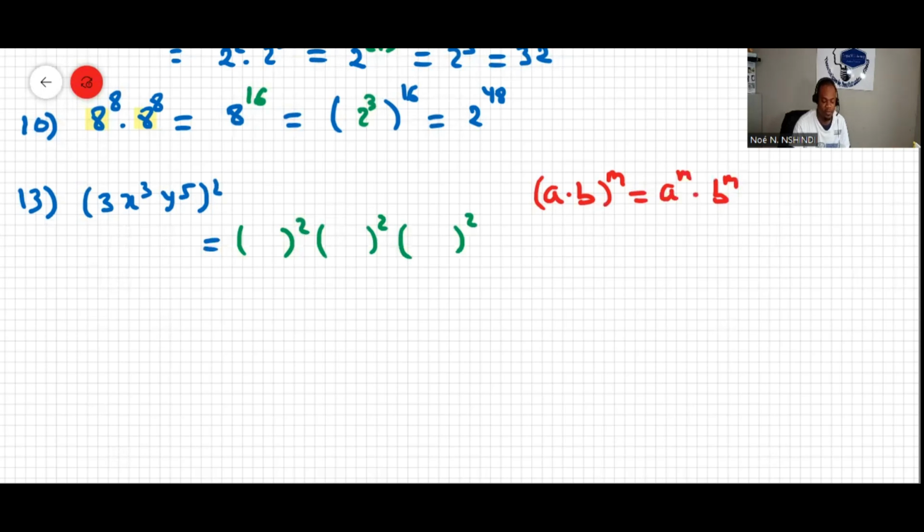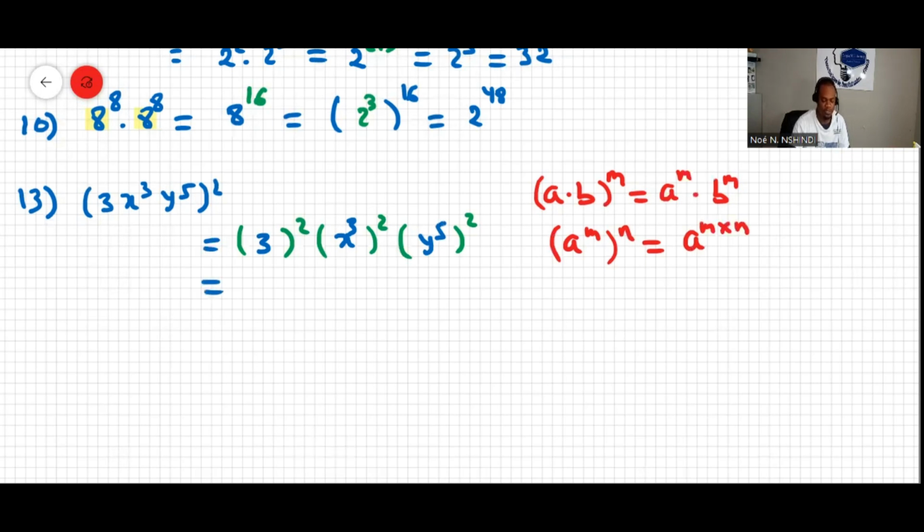Now I can write my values there, 3, and then x cubed, and then y to the power 5. Now we have another law of exponents that says a to the m, all to the power of n, is equal to a to the m multiplied by n.